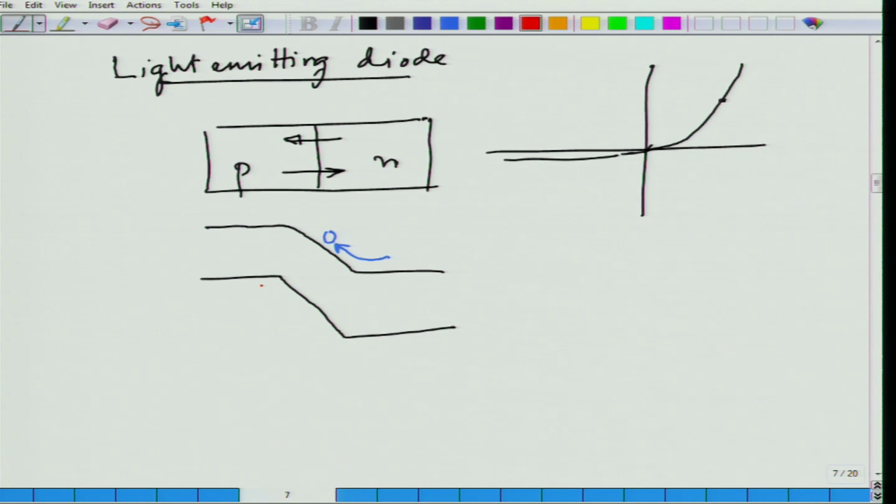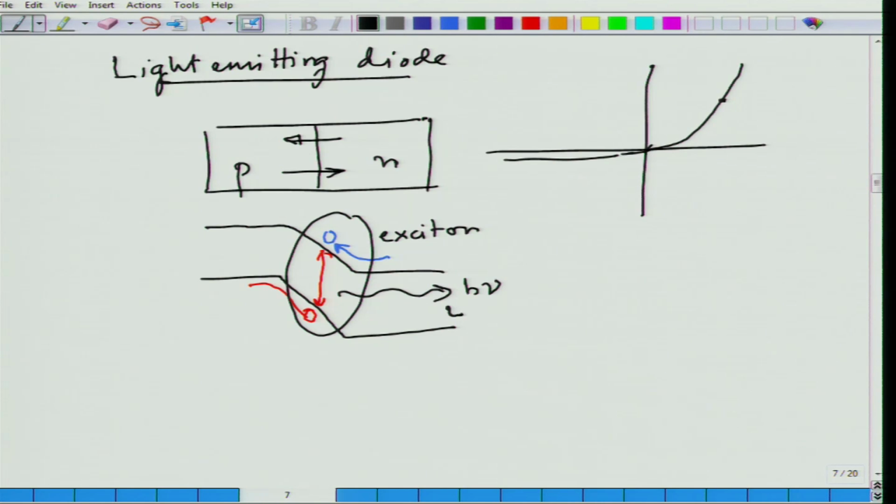At the same time, a hole which is moving in this direction in forward bias, when they come in proximity, they can recombine, generate an exciton and bring out light, a photon, and this is light emission. So, what you need here is the motion of the electrons and the holes, their recombination, and the recombination is leading to the emission of light.